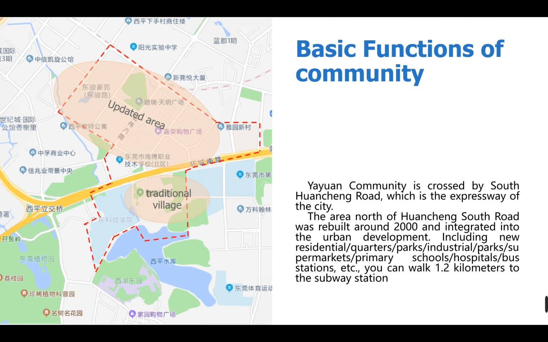Yayuan community is crossed by South Huancheng Road, which is a fast road of the city.